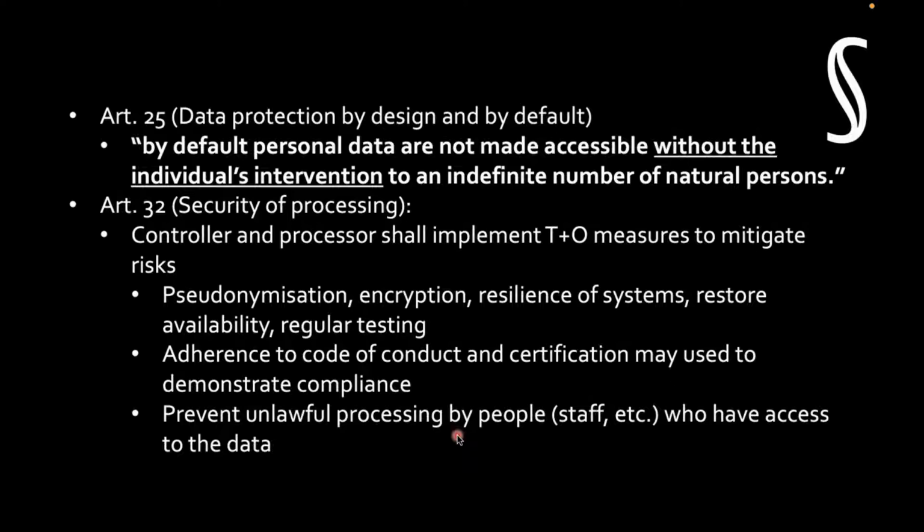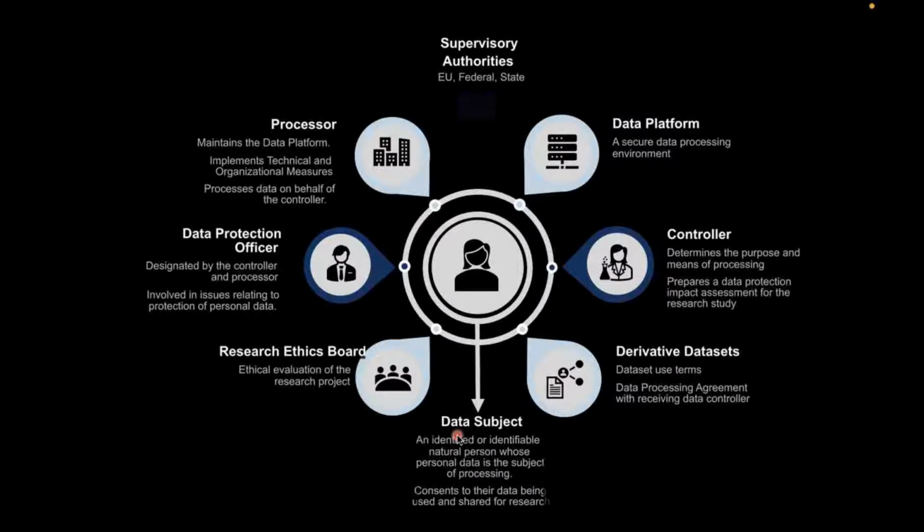This is, for example, clarified in Article 25: by default, personal data are not made accessible without the individual's intervention to an indefinite number of natural persons, and controllers and processors shall implement technical and organizational measures to mitigate risks, like pseudonymization, encryption, resilience of systems, availability restoring, testing, adherence to code of conduct, certification, and so on.